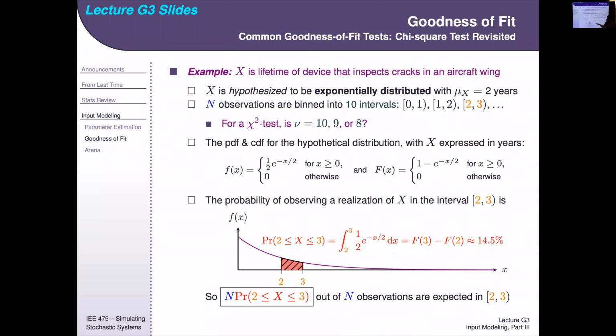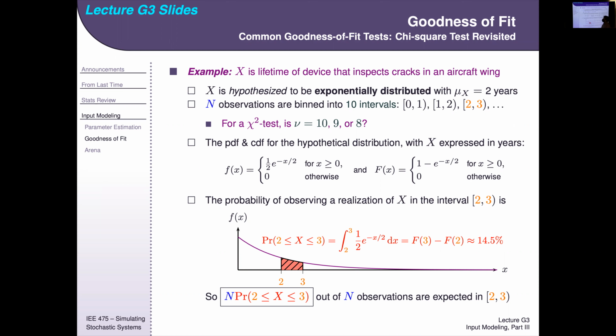What's the expected number that land inside a bin? Well, if the bin goes from 2 to 3, then I have to integrate under the PDF from 2 to 3 to give me a probability. If I know the CDF, I could evaluate F of 3 minus F of 2, and I get a 14.5% probability. Multiply that by n, and that will give me my expected count.